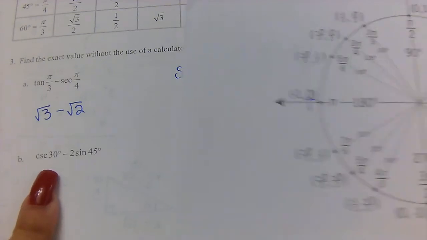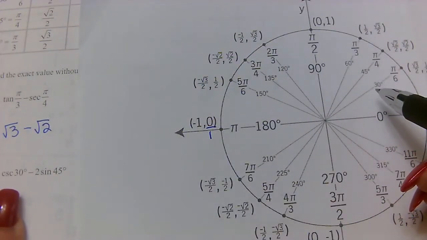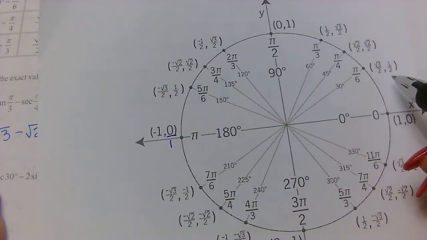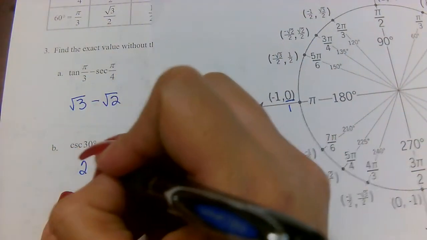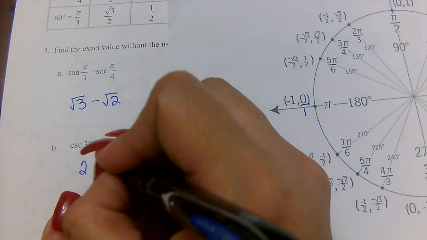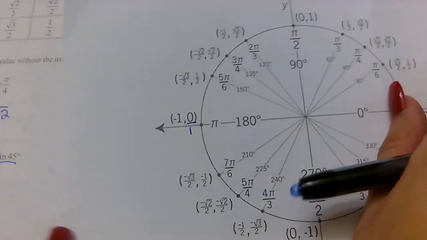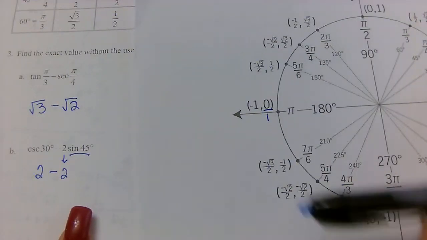Okay, cosecant of 30 degrees. Well, here's 30 degrees. Cosecant is the reciprocal of sine. Sine is y, so all I'm going to do is flip the y value. Instead of saying 1/2, I'm going to say it's 2 minus, this 2 will come straight down, and then I have to evaluate sine of 45. So 45 degrees, sine is your y, square root of 2 over 2.